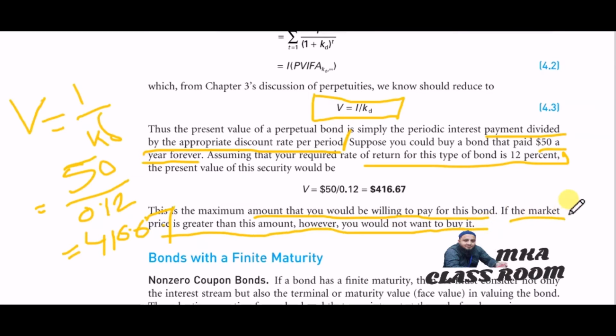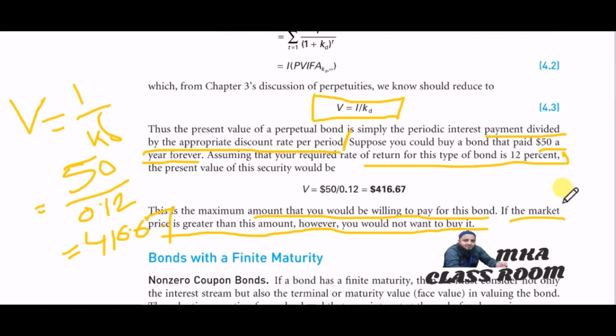So we know the rule for purchasing bonds: if the market price is greater than this amount, or greater than the intrinsic value, you cannot purchase this type of bond, then you would sell this bond.